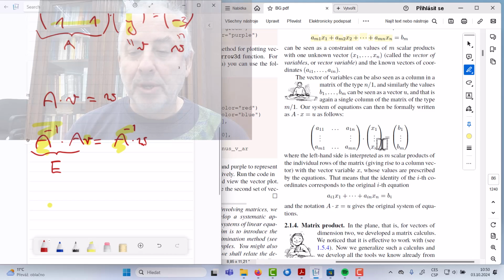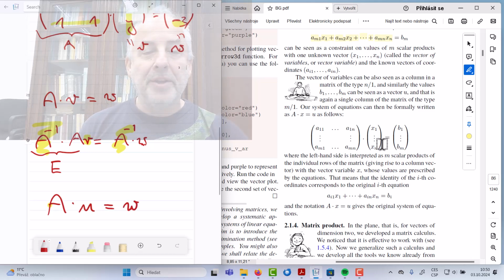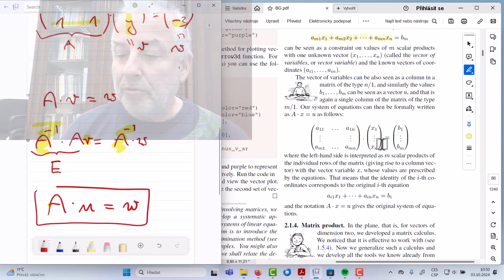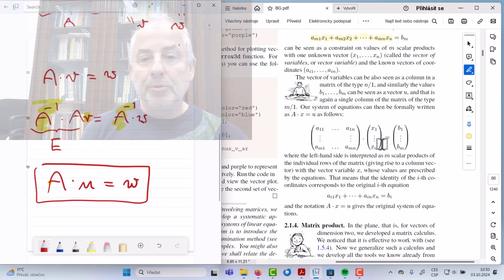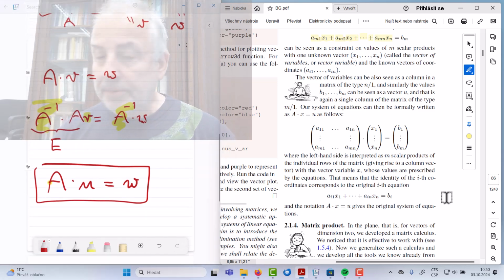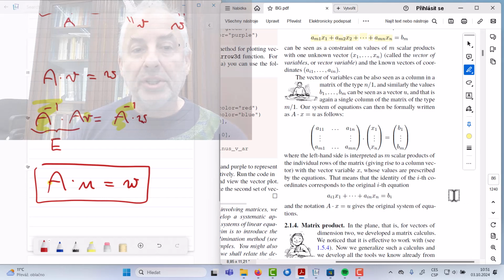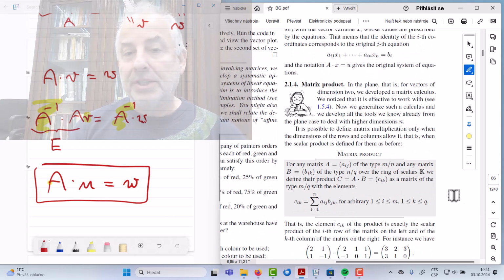So it will be A times U equals W, right? Or I had B there. So this will be our way of understanding and writing equations all the time. And this brings us also to the definition of the product as I introduced it.